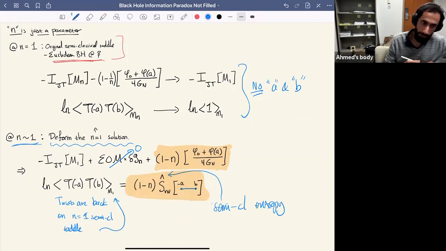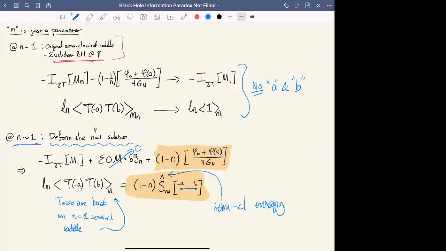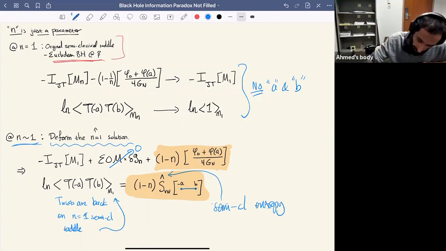Any questions about this slide? Should that n be 1 over n? I think in your earlier slide you had 1 over n. Yeah, sorry, I did have 1 over n. So why did I put 1 minus n here?